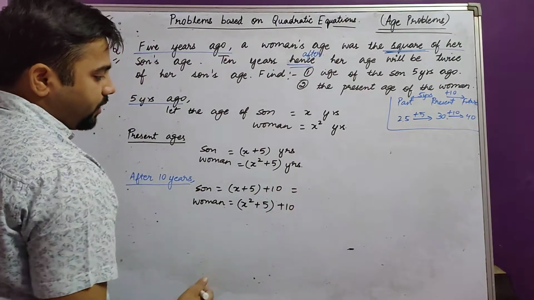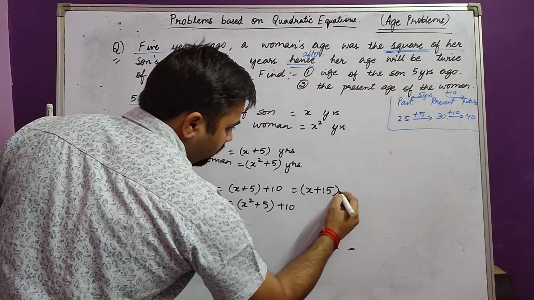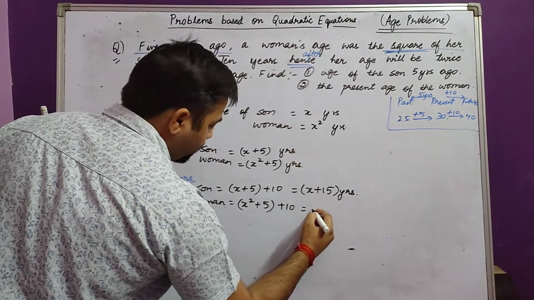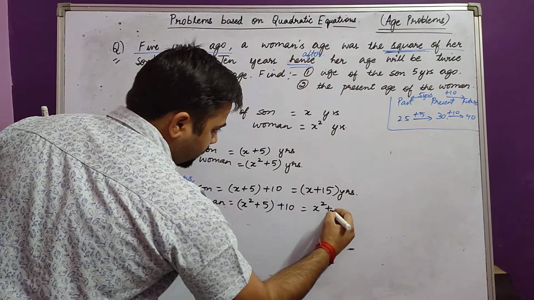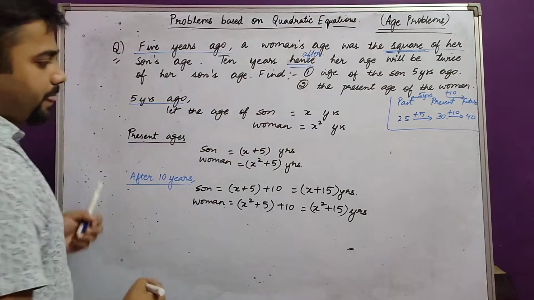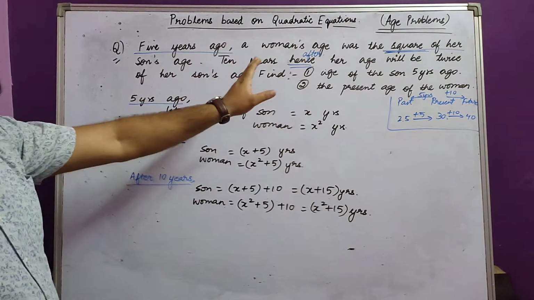It becomes x plus 15 years, the age of the son, and the age of the woman becomes x square plus 15 years. Okay, we have done the question in 3 parts. Now we have to move further.